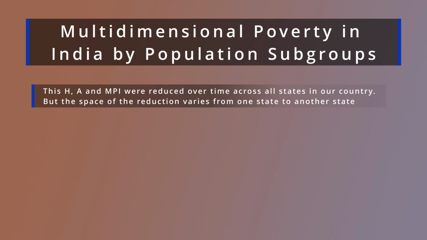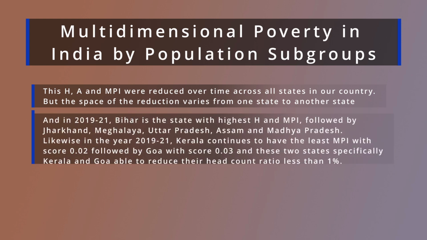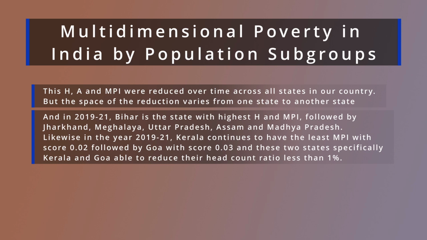And this H, A and MPI were reduced over time across all states in our country, but the pace of the reduction varies from one state to another state. And in 2019-21, Bihar is the state with highest H and MPI, followed by Jharkhand, Meghalaya, Uttar Pradesh, Assam and Madhya Pradesh.